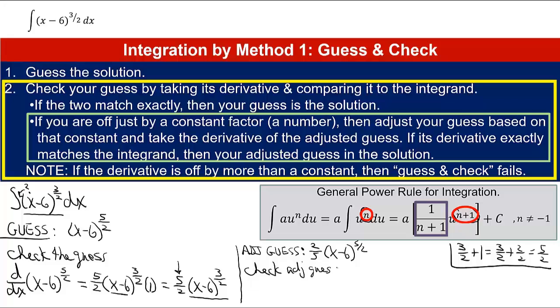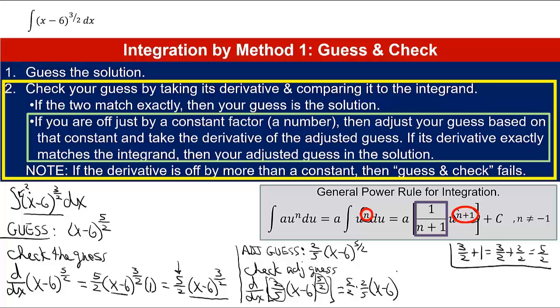Checking the adjusted guess, I again take the derivative of the adjusted guess. By the power rule, you take the exponent times the coefficient. That's 5/2 times 2/5. Write the base down, x minus 6, and reduce the power by 1.